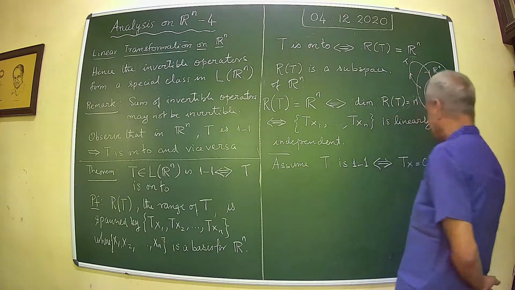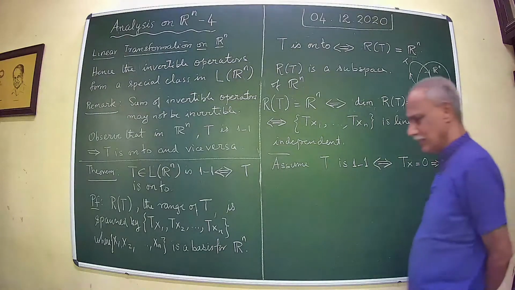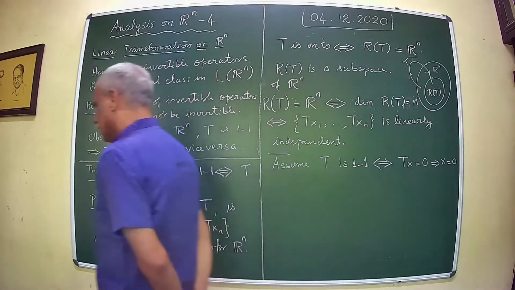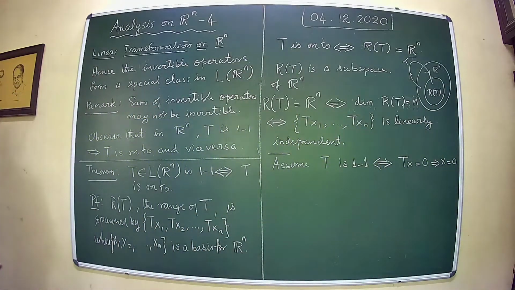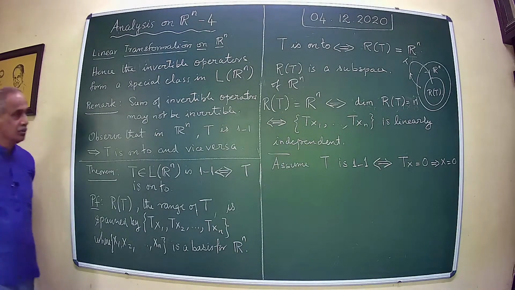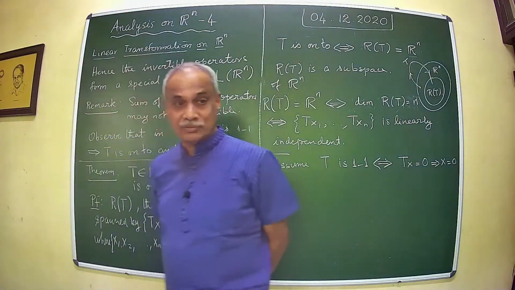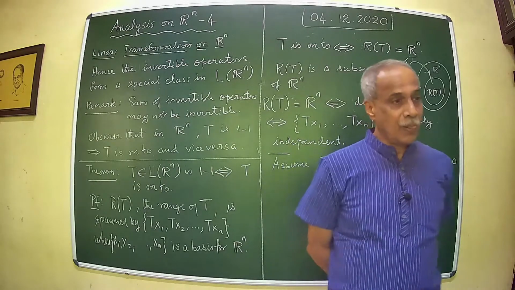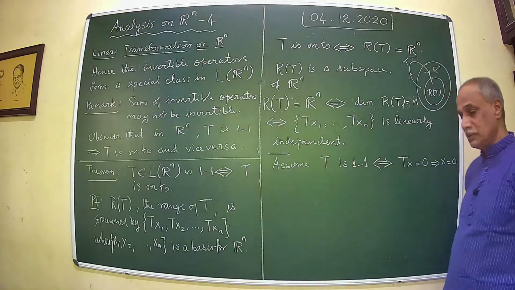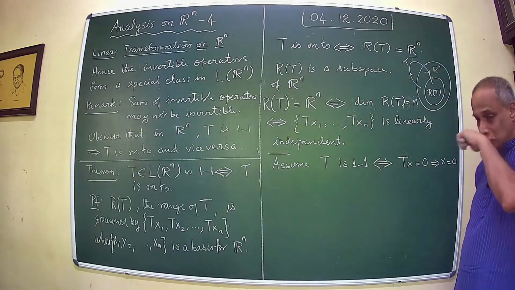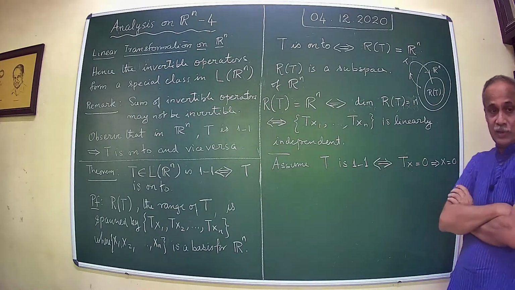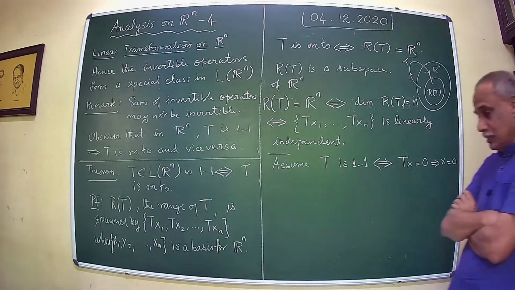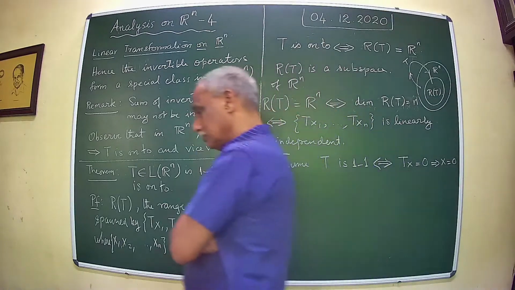Now that's quite easy, because 0 is the only vector that gets mapped to 0. You would have seen in our examples two examples of operators which are not one to one. We have looked at one which maps every vector to 0.